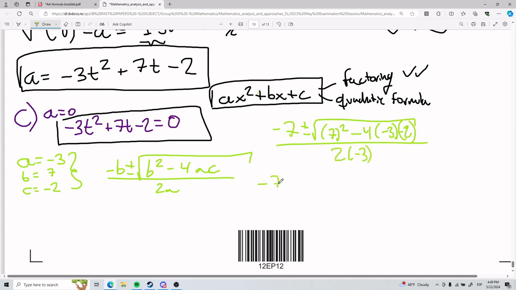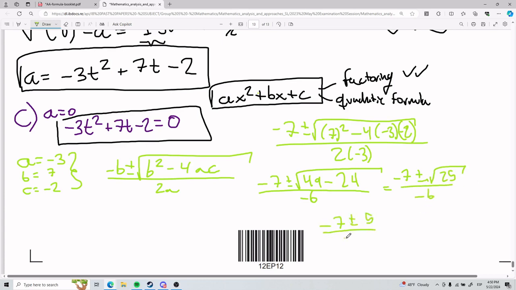And so -7 plus or minus the square root of 49 minus 4 times 3 gives me 12, times 2 gives me 24, divided by 2 times -3 gives me -6. So from here you end up with -7 plus or minus the square root of 25, because 49 minus 24 is 25, divided by -6. So -7 plus or minus 5 divided by -6.